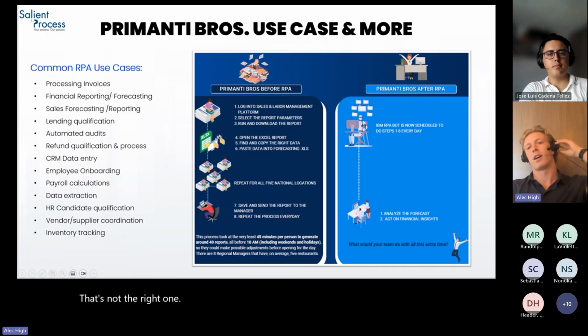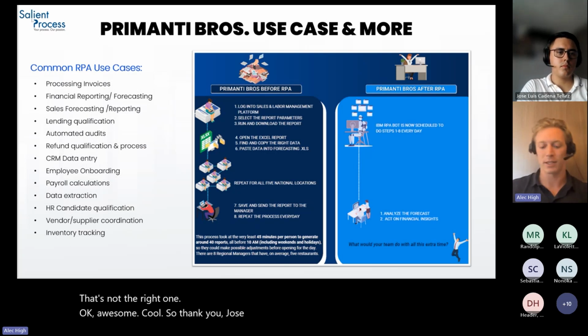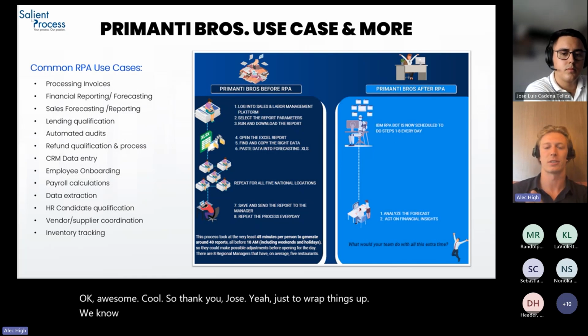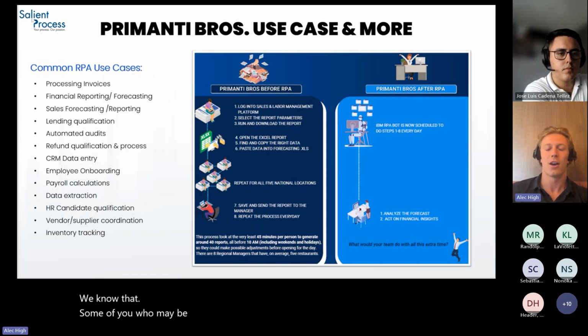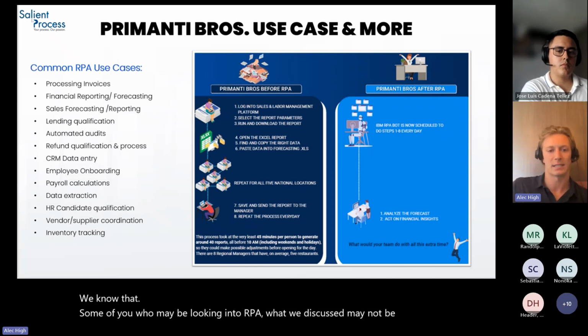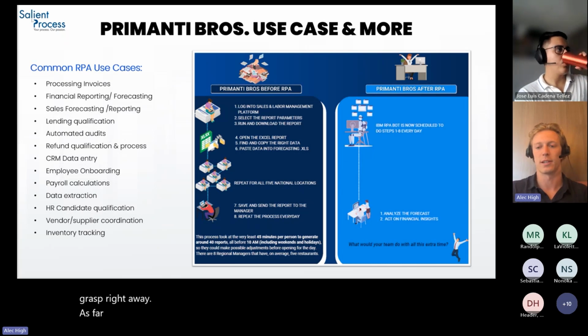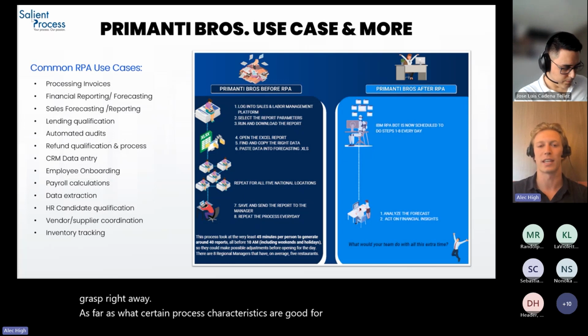Okay. Awesome. Thank you, Jose. Just to wrap things up, we know that for some of you who may be looking into RPA, what we discussed may not be easy to grasp right away, as far as which process characteristics are good for RPA and what the capabilities are.